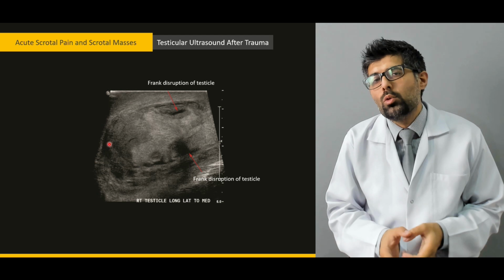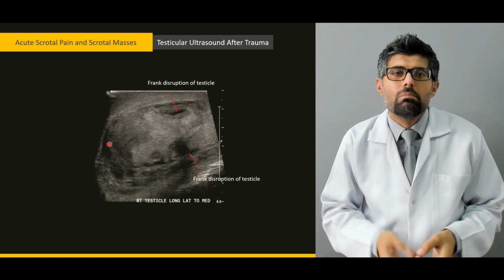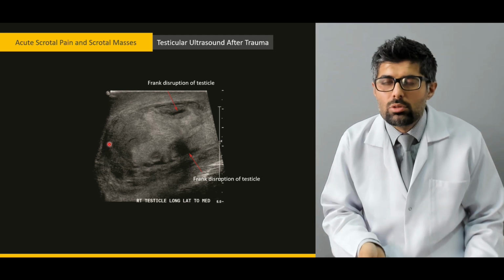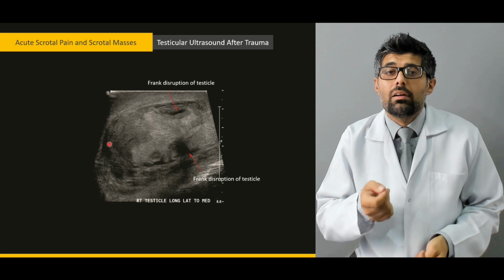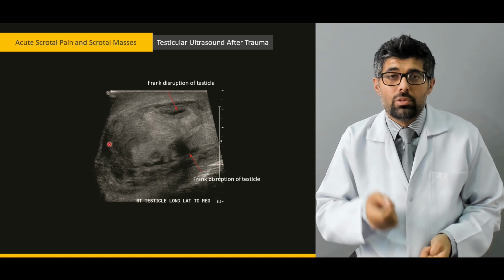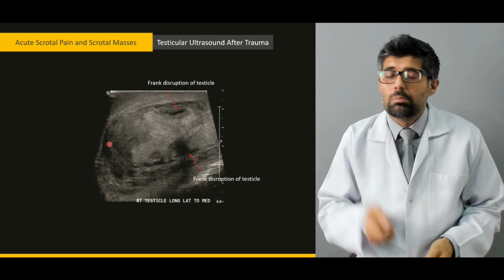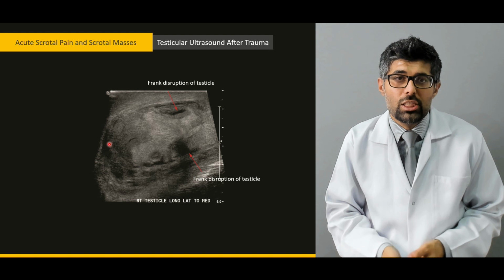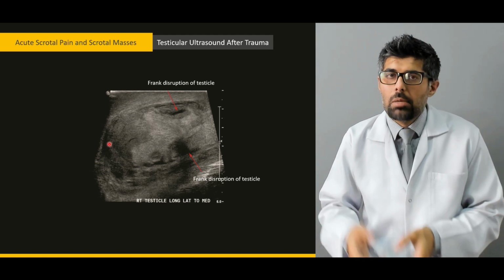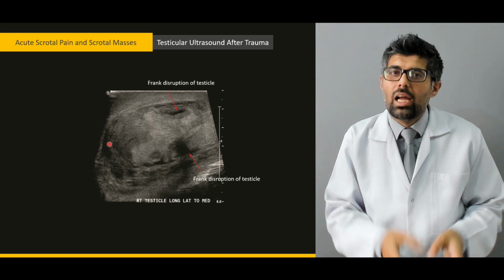If either of those are present, we can usually say that trauma has taken place to the testes, and if there is some kind of hematoma present, it must be dealt with, it must be aspirated, and it must be taken as an emergency before ischemic changes start to take place inside the scrotum and the testes.